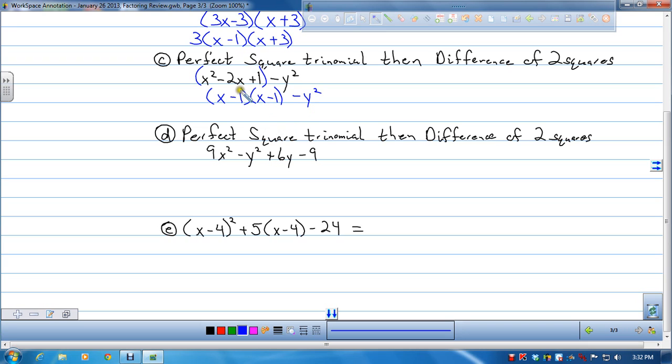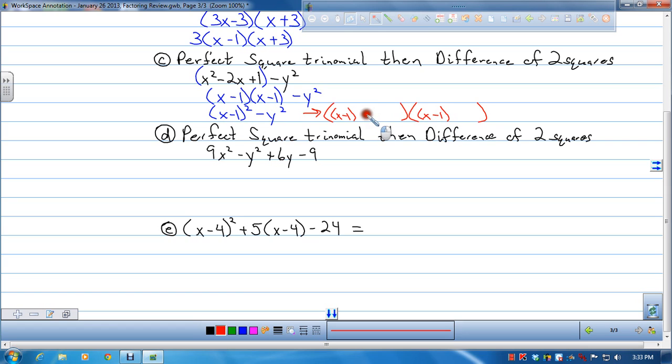Well, what that does is give me x minus 1 squared minus y squared. Well, you might think you're done, but now I notice the difference of two squares. I've got a square here, and I've got a square here. So what I'll do, I will take x minus 1, x minus 1.